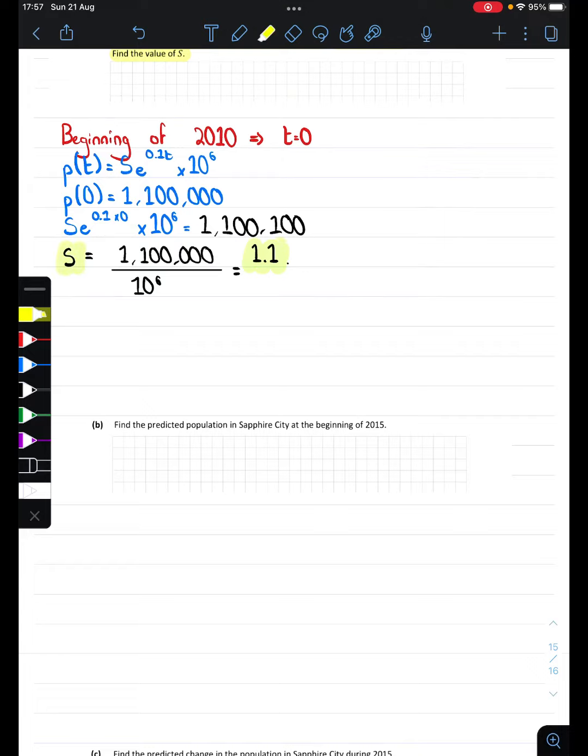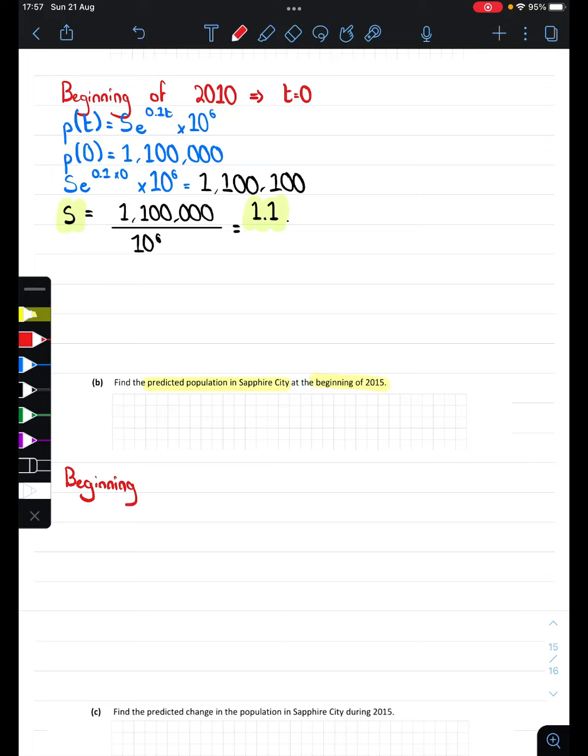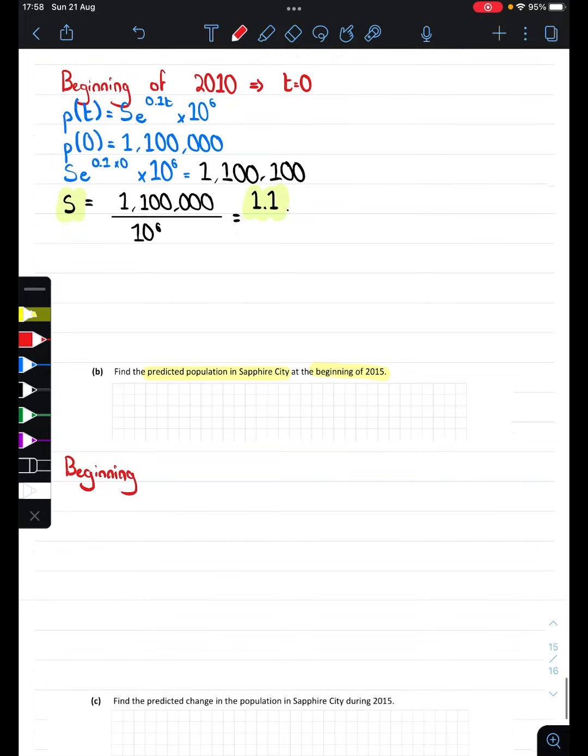Now for part B, find the predicted population in Sapphire City at the beginning of 2015. So the beginning of 2015 is 5 years from the beginning of 2010. So t in this case is 5.